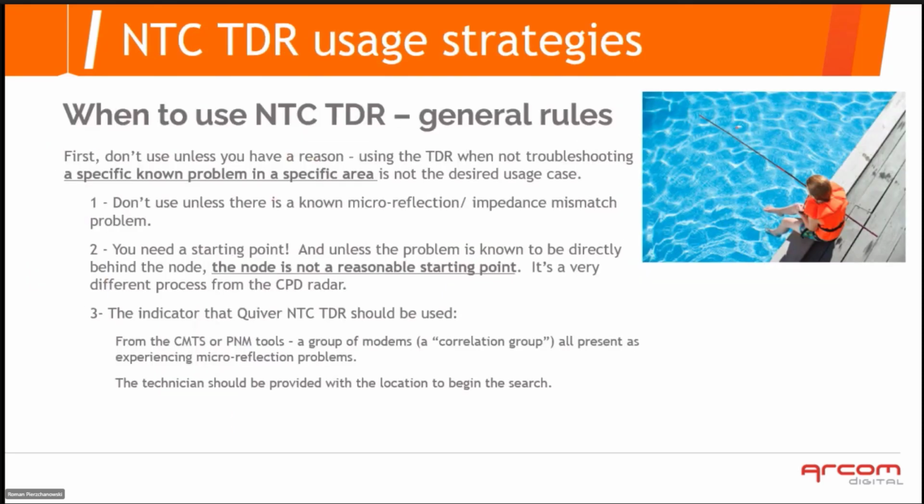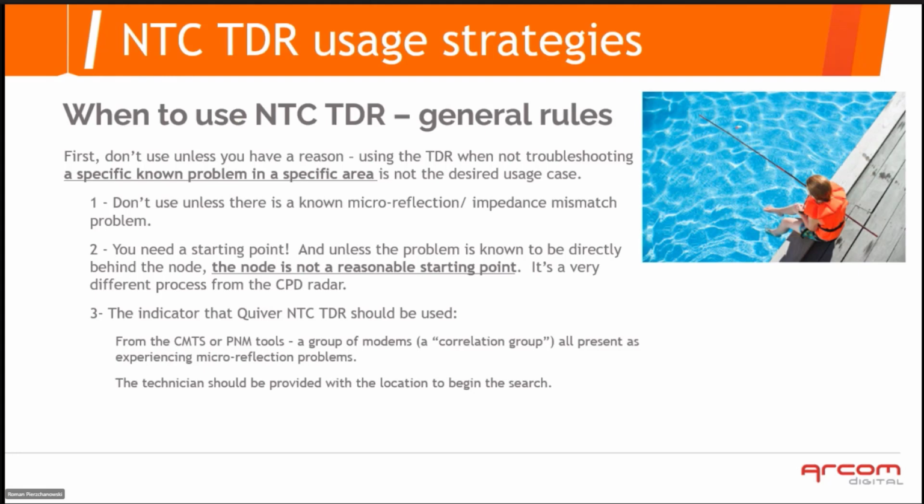And again, strategies like this. You get information from PNM. If there is a group of modems that are suffering from microreflections in between certain amplifiers, that's a good starting point. Go there, you'll be successful.